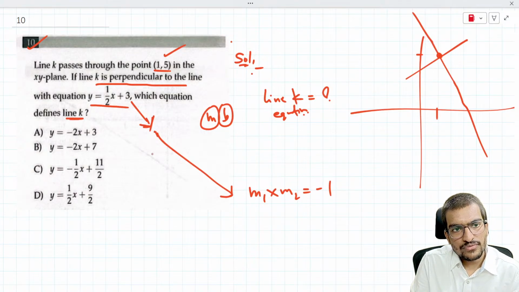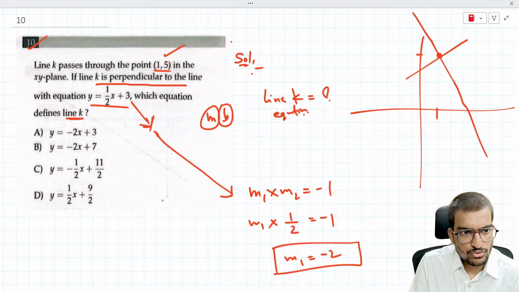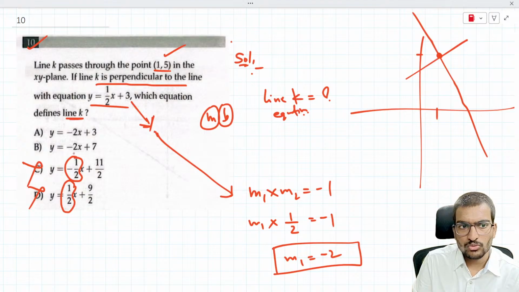The slope of this line is 1 by 2, so (1/2) times m1 equals -1. So m1 equals -2. So I outright eliminate C and D because their slopes are -1 by 2 or 1 by 2. The slope is -2, as we just found.